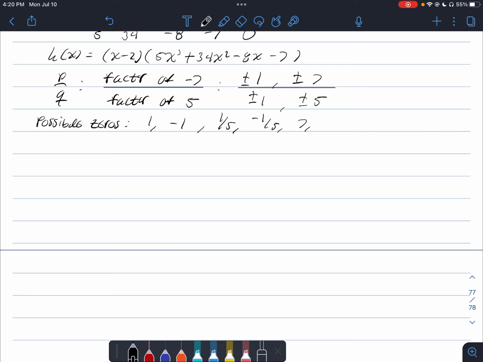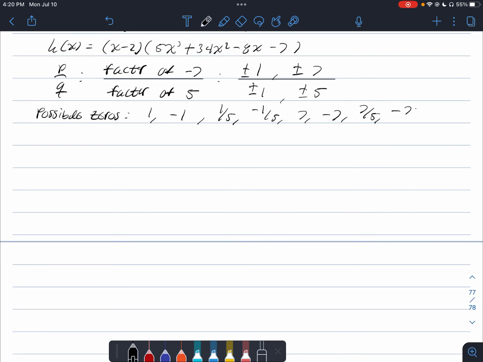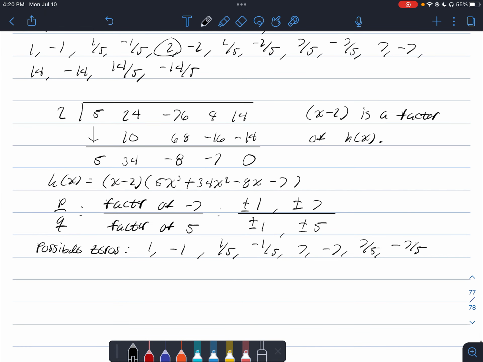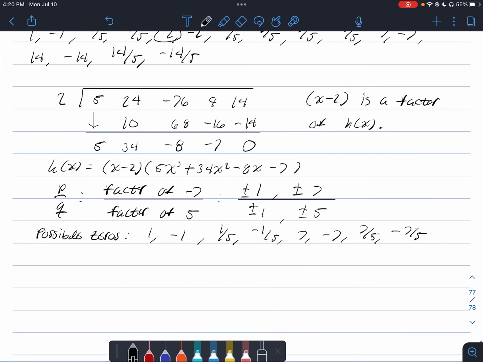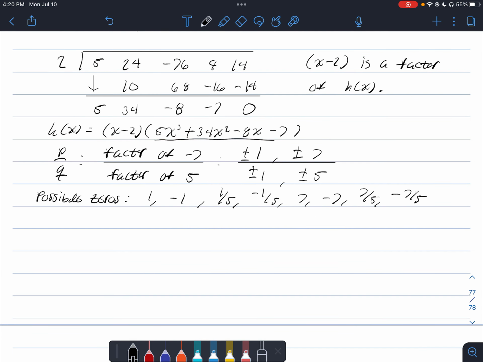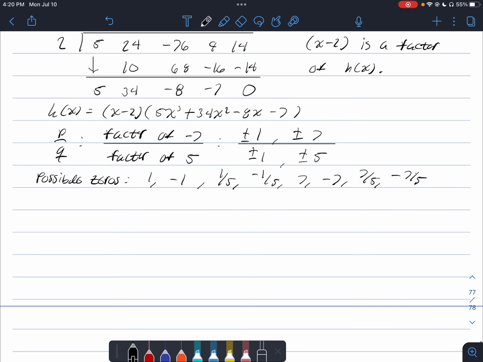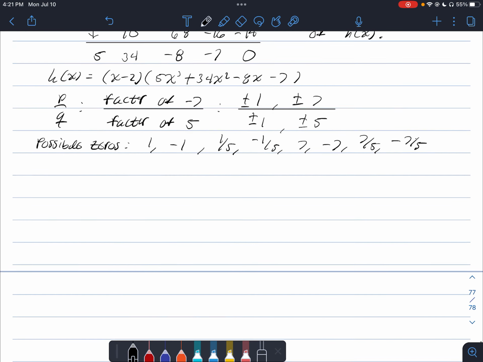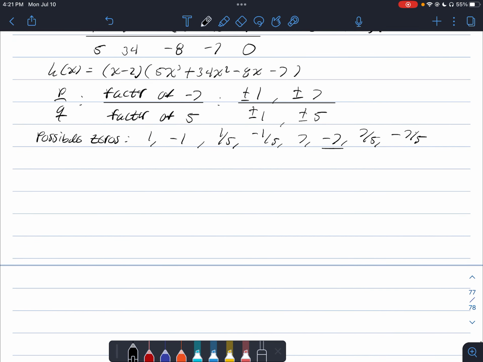We're going to have 7, -7, and we're going to have 7/5, and then -7/5. Another option you would have had is you could have taken all of these original rational zeros here, and you will know that these could also be rational zeros for this polynomial as well. But if you do the rational zeros theorem again, you actually narrow it down a little more. But we're going to make a lucky guess on this first one again, and we're going to choose -7.